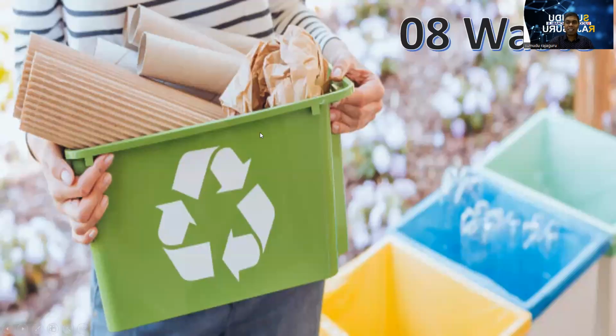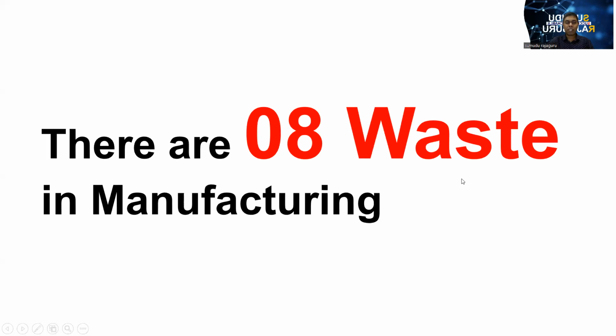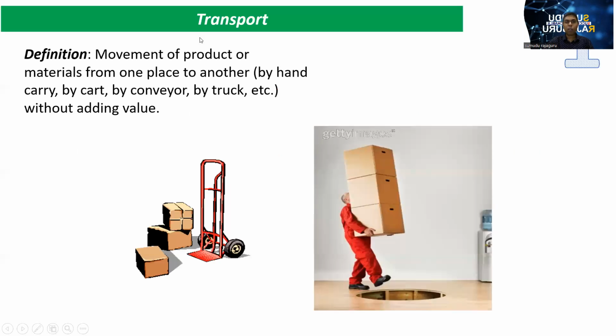The third concept is the 8 wastages. If you want to optimize your process, you definitely have to address the 8 types of wastages. There are 8 wastages in manufacturing. Actually, not only in manufacturing, it is in the service sector, hospitals, the education sector, even in our homes also. The first one is transport.